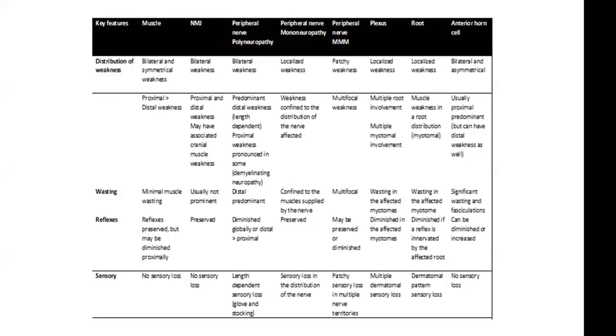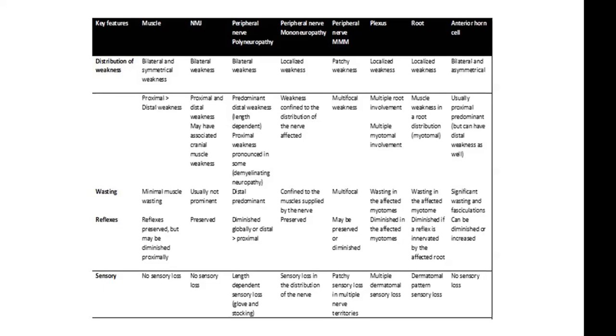Muscle. What are the features of a muscle lesion? Muscle lesions are always bilateral and symmetrical. Look at the first column of this table. Remember, myopathies or muscle lesions are always bilateral and symmetrical.